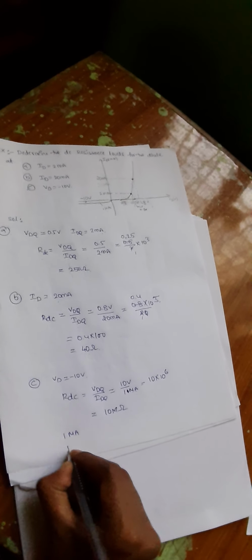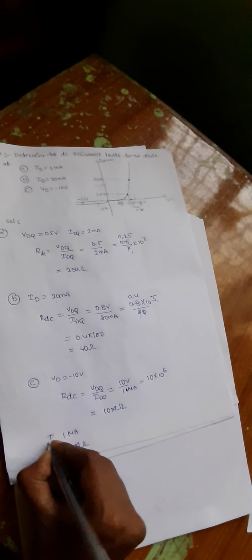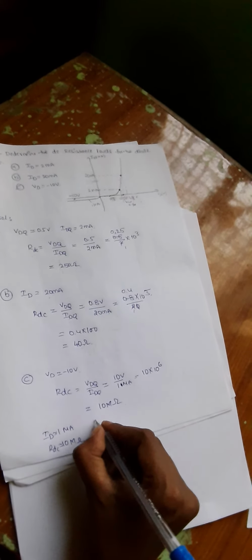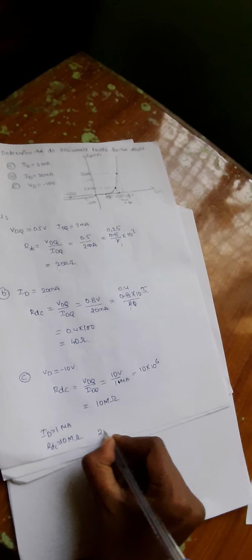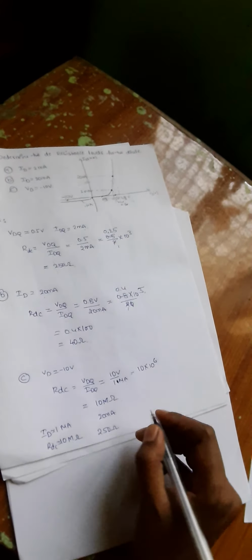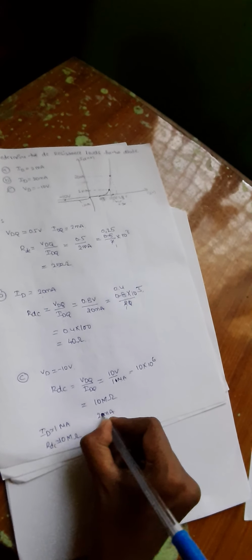For 1 microamp we have 10 megaohms as the DC resistance.